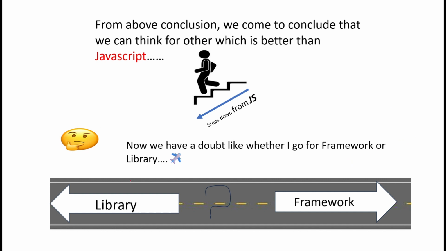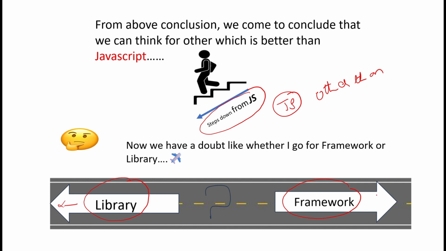We have two options, one is a library and one is a framework, after the developer steps down from JavaScript. He has a big question: whether I go for a library or whether I go for a framework. That is also one big question mark.